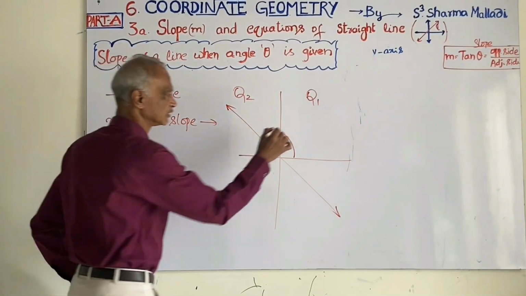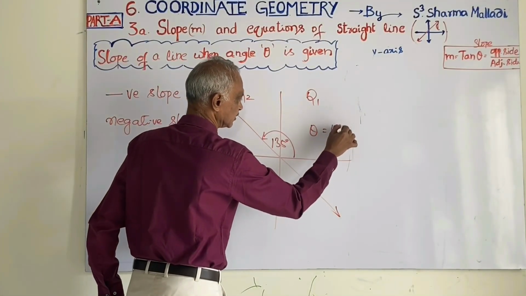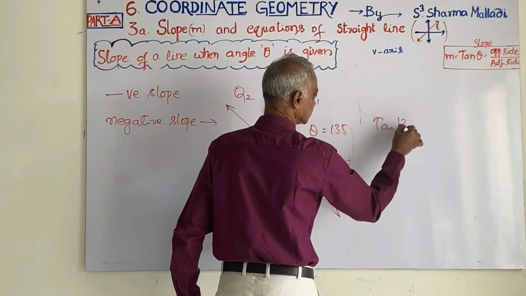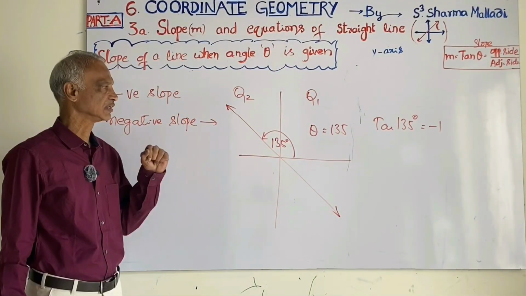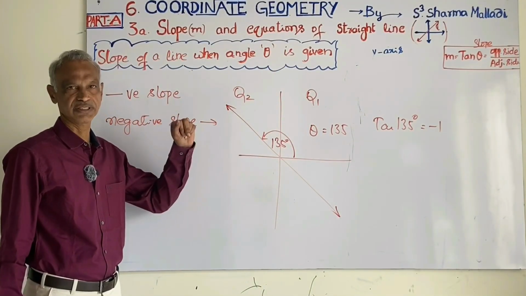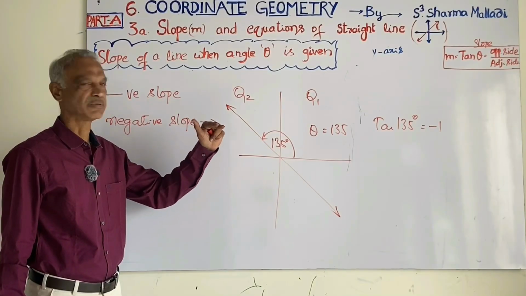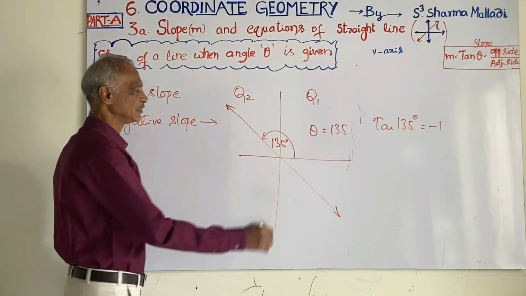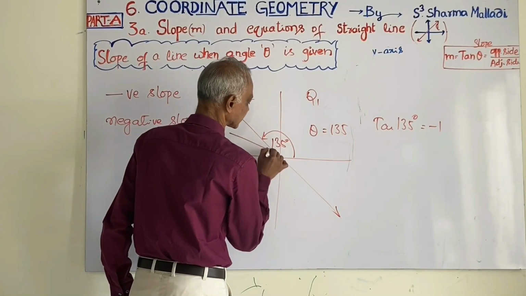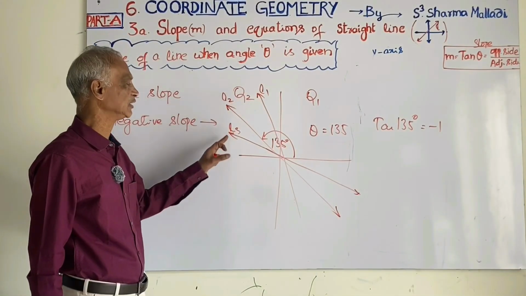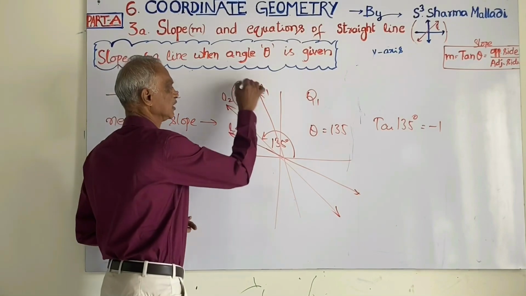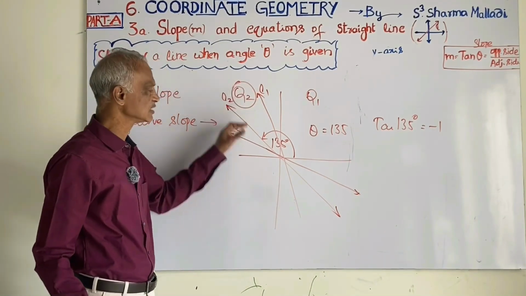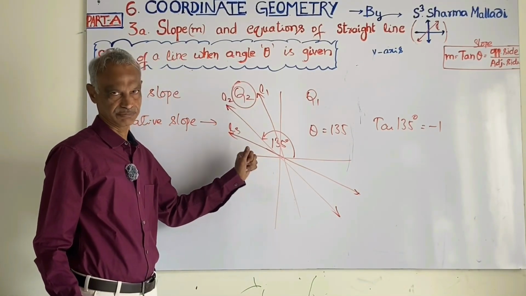When theta is equal to 135 degrees, tan 135 is equal to the slope of the line, which is -1. If you take L1, L2, L3, all these lines are in the second quadrant, that's why the slopes of these lines are negative.